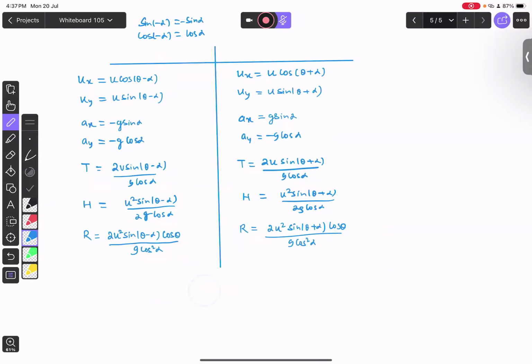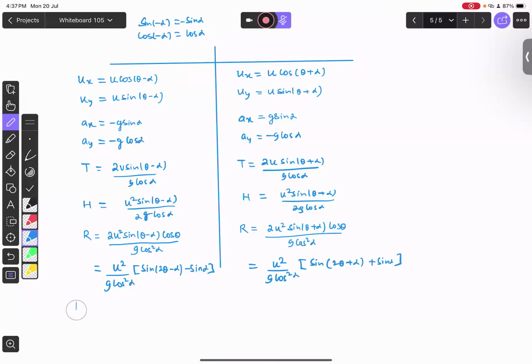The other result of the range was u square by g cos square alpha into sin(2 theta minus alpha) minus sine alpha. Here the result of the range will be u square by g cos square alpha into sin(2 theta plus alpha) plus sine alpha.